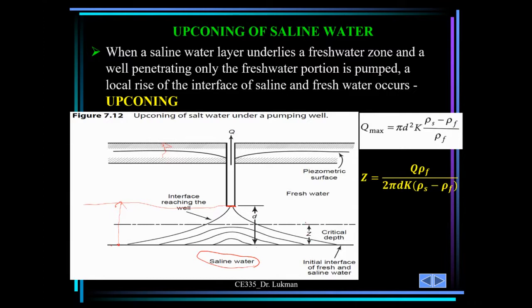Now this critical depth is given as Q rho F over 2 pi d k into rho S minus rho F. K is the hydraulic conductivity. And it has been found that to avoid upconing, you see, when you are pumping, this layer or interface will be moving gradually up, because you are reducing the amount of the fresh water.